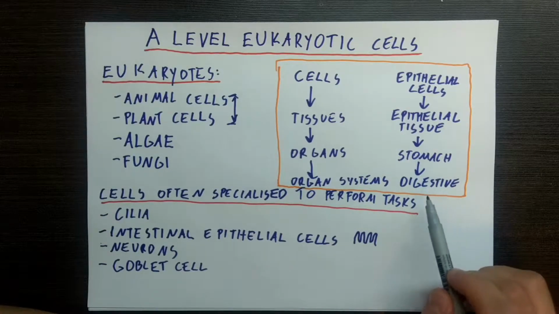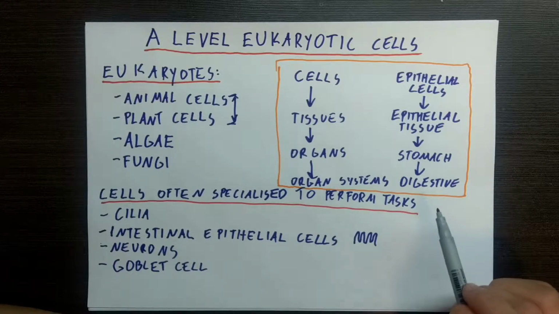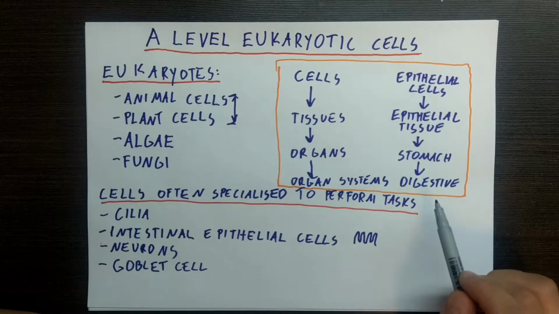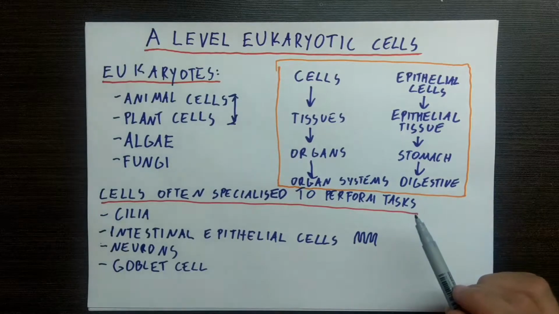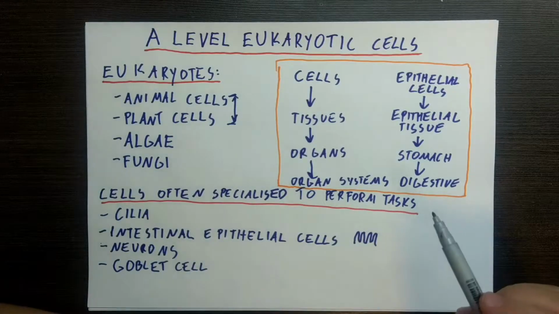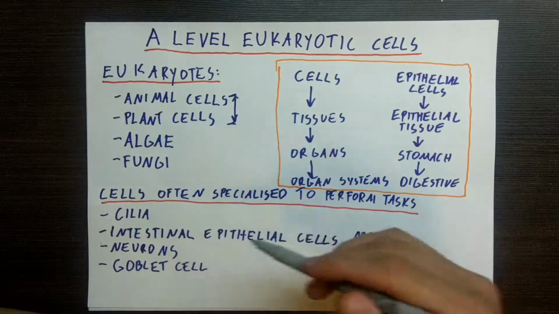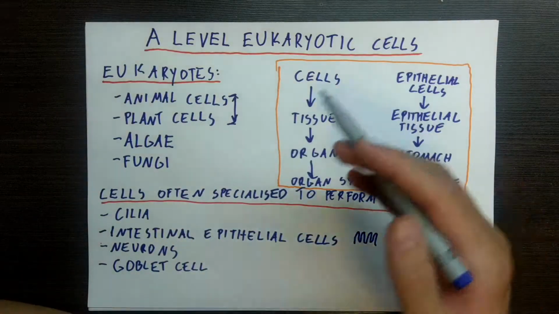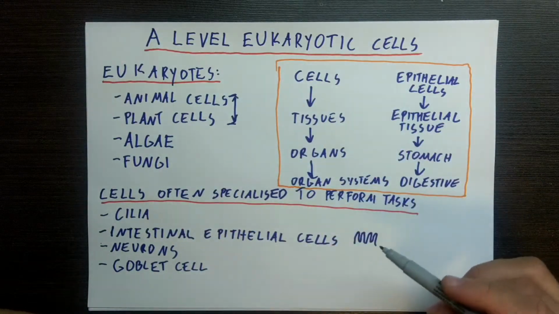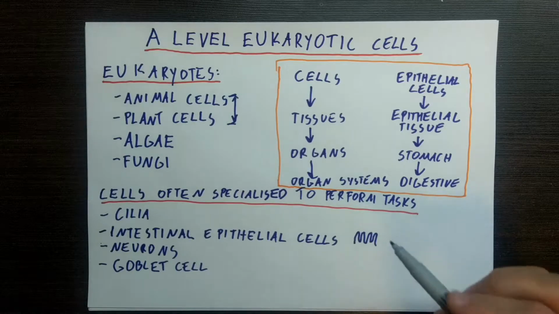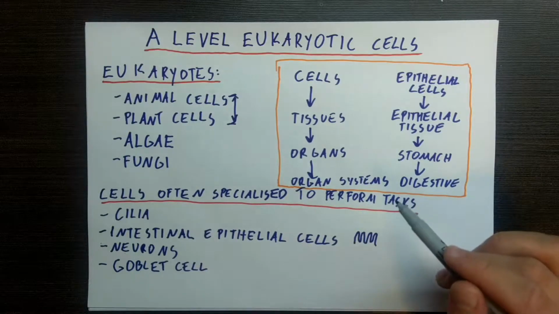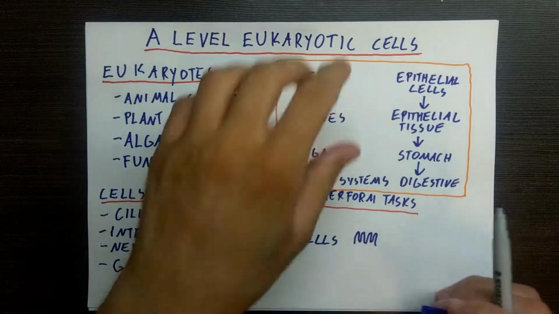The stomach is a part of the digestive system which needs to digest food. Now, let's move on. So this is the importance of eukaryotic cells and how they come together. Now, let's move on to the first cell we're going to be talking about today. Let's move on to animal cells.